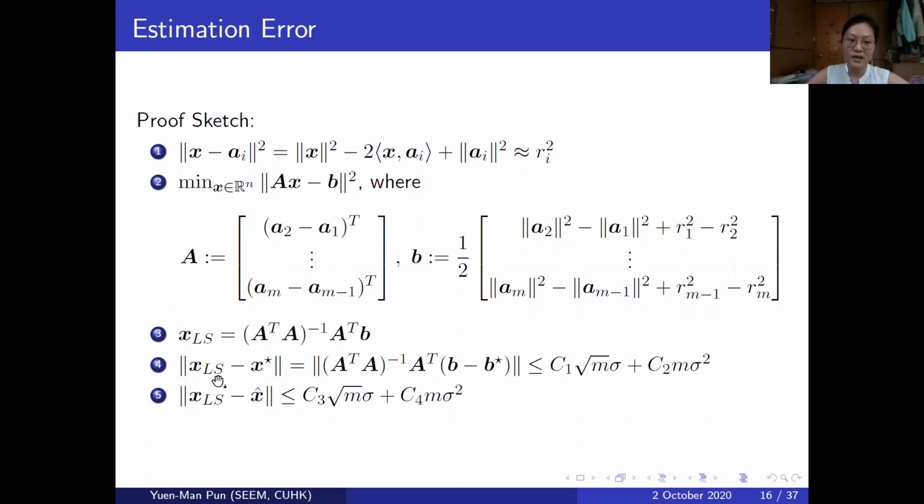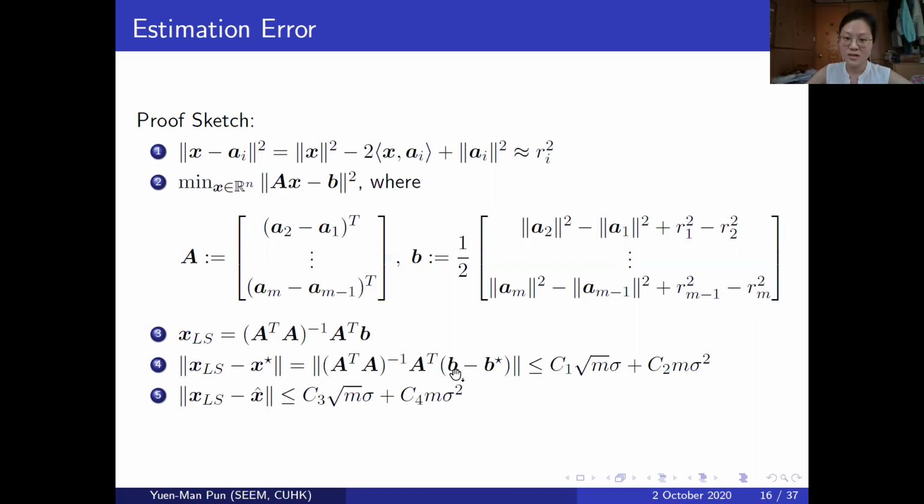Our trick is to compare the terms. We use x star here, and of course we can plug it in and get R_i star. x star would be the minimizer of the norm of Ax minus b star, where b star is defined by this vector, but with R_i replaced by R_i star.